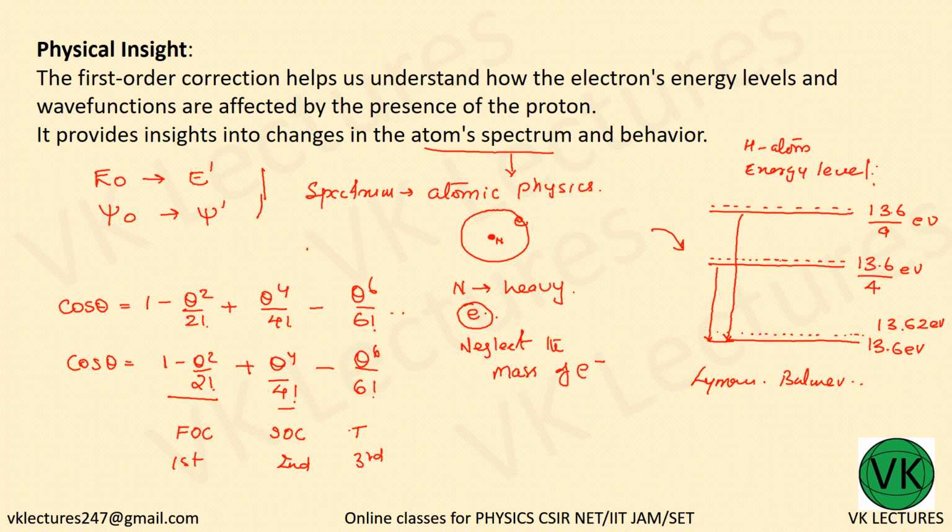But we also understood that the mass of the electron has to be taken into consideration, through the reduced mass, which gives us the mass of the nucleus times the mass of the electron divided by the mass of the nucleus plus the mass of the electron. So this is how we come down to making more corrections. That is called perturbation.